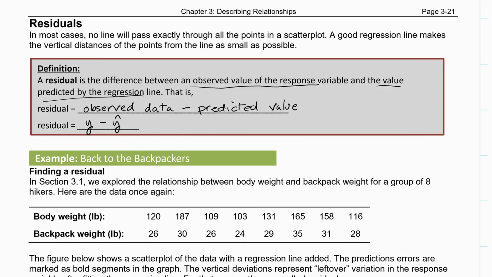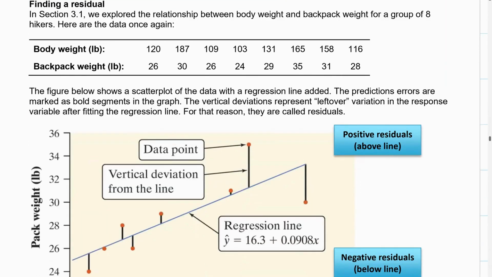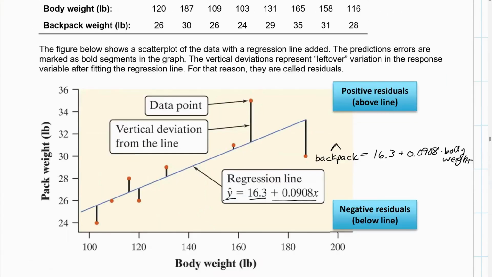Okay, let's see this in action, going back to the backpack data that we started with in the previous section. So let's say with that backpack data, we think the regression line is y hat equals 16.3 plus 0.0908 times x. Or in context, the predicted backpack weight is equal to 16.3 plus 0.0908 times body weight. That's how I add context to that answer.